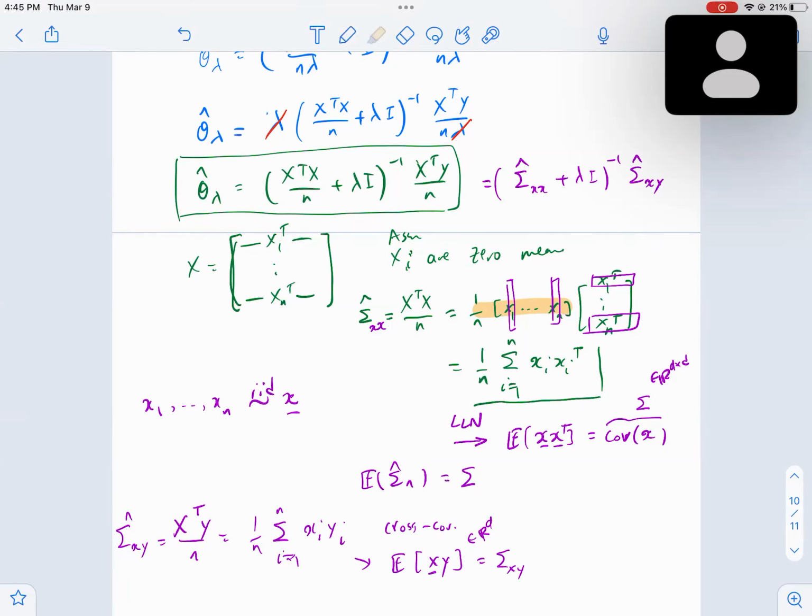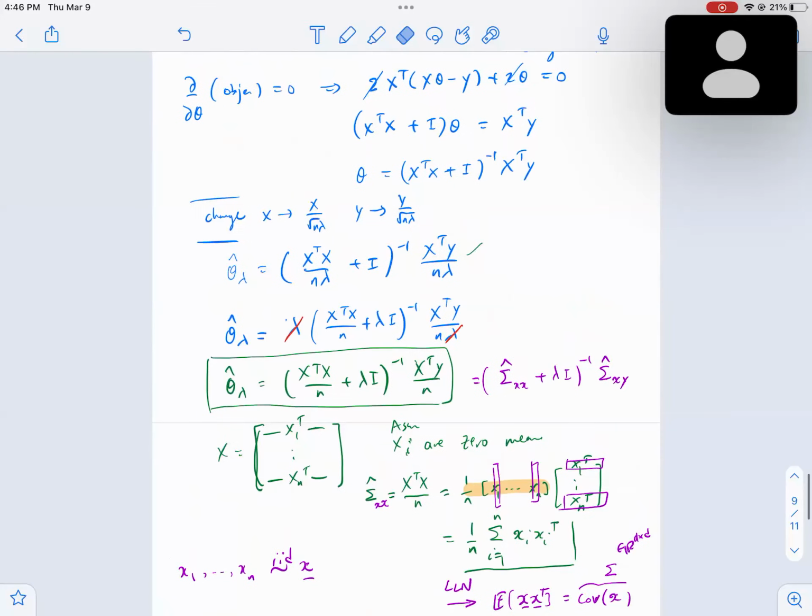If lambda is 0, this formula is exactly the usual formula you wanted to see, if the ends cancel out. I put the 1 over n so that when lambda is 0, it cancels out, giving X transpose X inverse X transpose Y. But with 1 over n, it's better because these are stabilizing around covariances. Okay, so we're out of time.